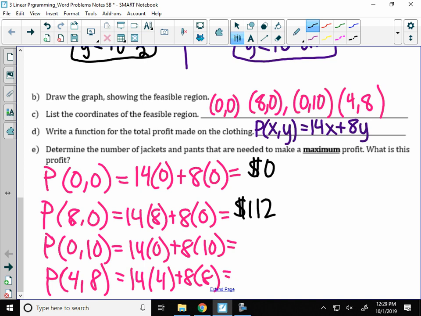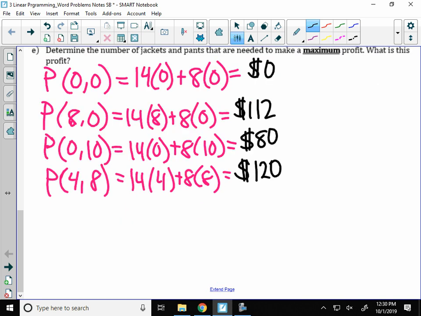$112. Third row, what's the profit from no jackets and 10 pairs of pants? $80. And the last row, 4 jackets and 8 pairs of pants? 120 sounds right to me. Double check here. 14 times 4 plus 8 times 8. 120. Okay. Which one is the maximum? 120.